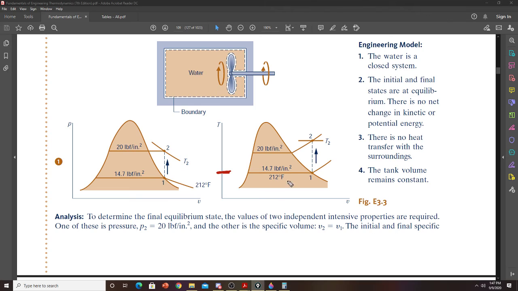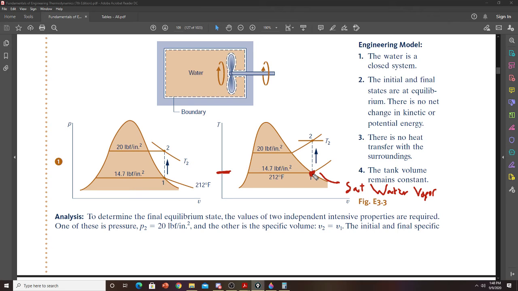We were also given x1 is equal to 1. And the reason it's right there is because, remember, they said that this was saturated water vapor. So saturated water vapor had to end up right here. So state 1 ended up right on this line here.